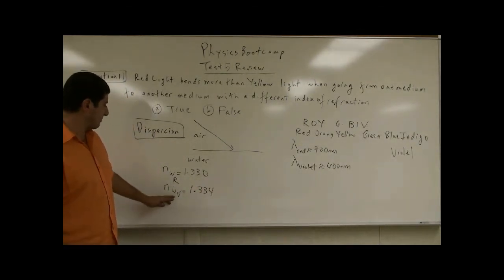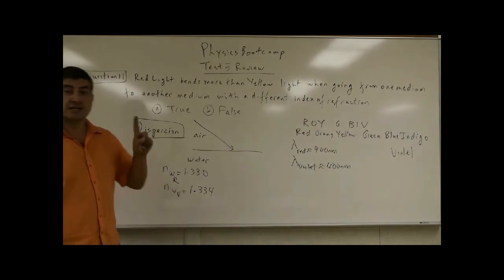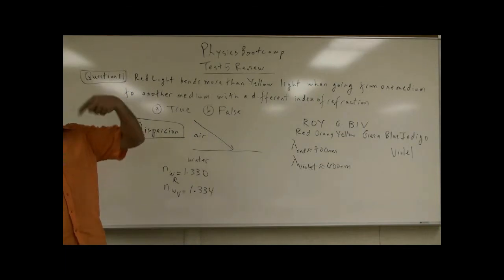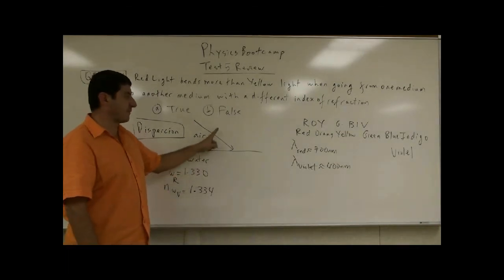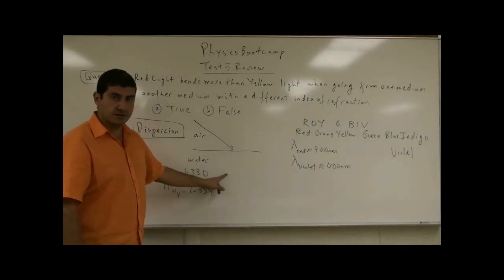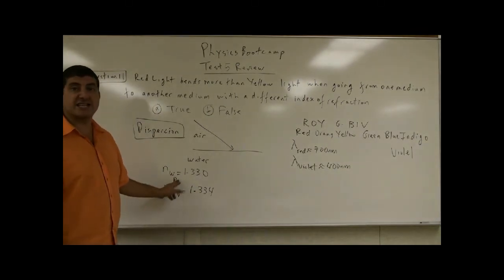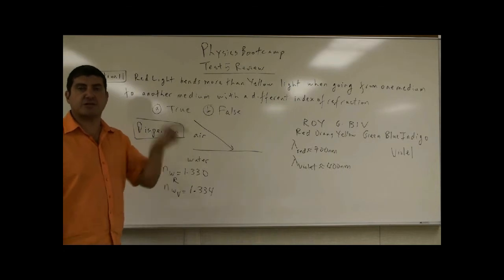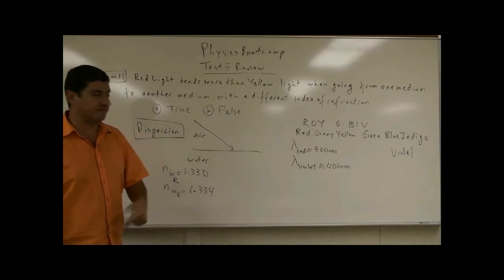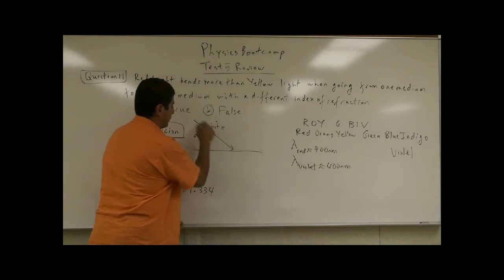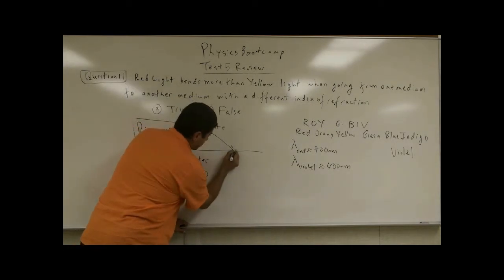So what does that mean? Violet light slows down more in going from air to water than red light does. Red light is affected less by refraction. So what's going to happen when white light comes from air to water?